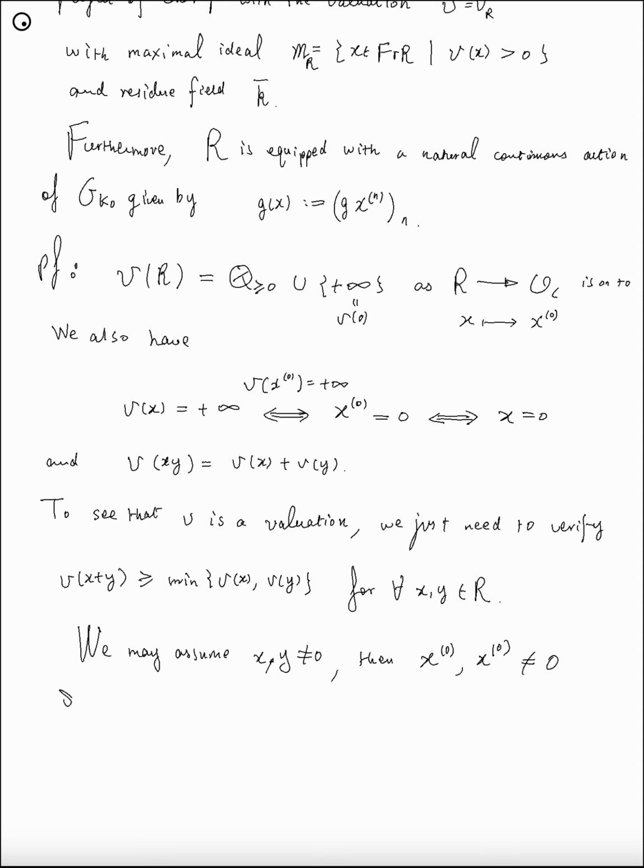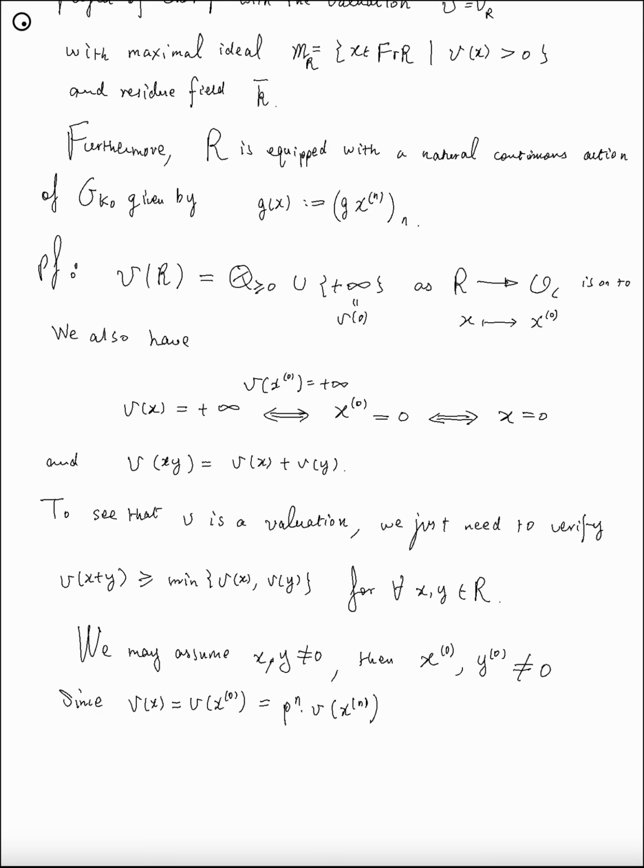And now notice VX is just VX0, which equals p to the power n times V of X_n.